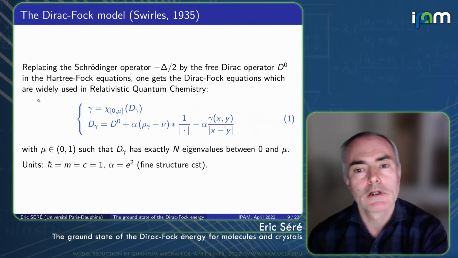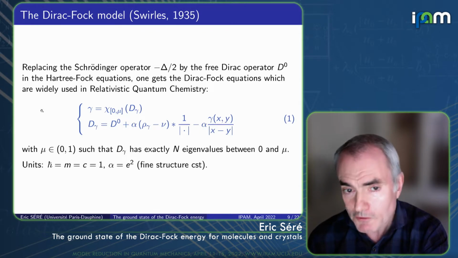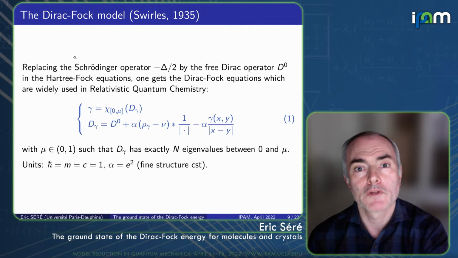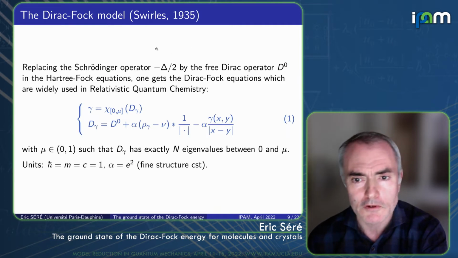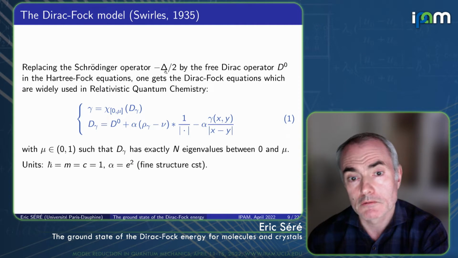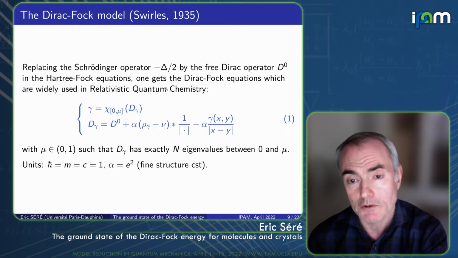So what we do is something very naive, but very useful, which was done by Swirles in 1935. I think Swirles was a postdoc student of Hartree, if I remember well. What she did, she just replaced the Laplacian of the Schrödinger operator by the free Dirac operator in the Hartree-Fock equations.